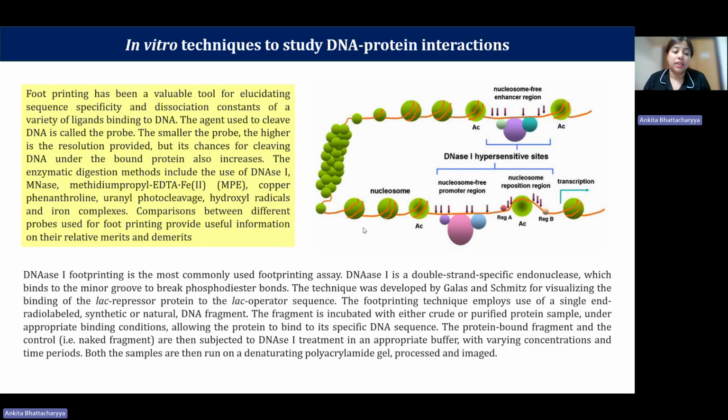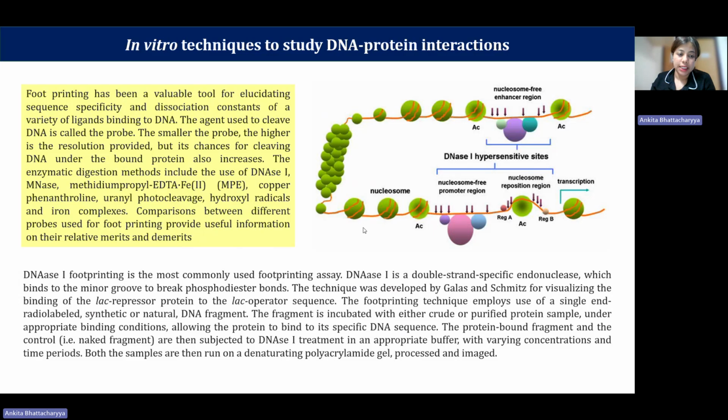Now, digestion methods include the use of DNase 1, MNase, MPE, which is methidium propyl EDTA iron, Fe(II), copper phenanthroline, uranyl photocleavage, hydroxyl radicals, and iron complexes. Comparisons between different types of probes used for footprinting provide useful information on their relative merits and demerits.